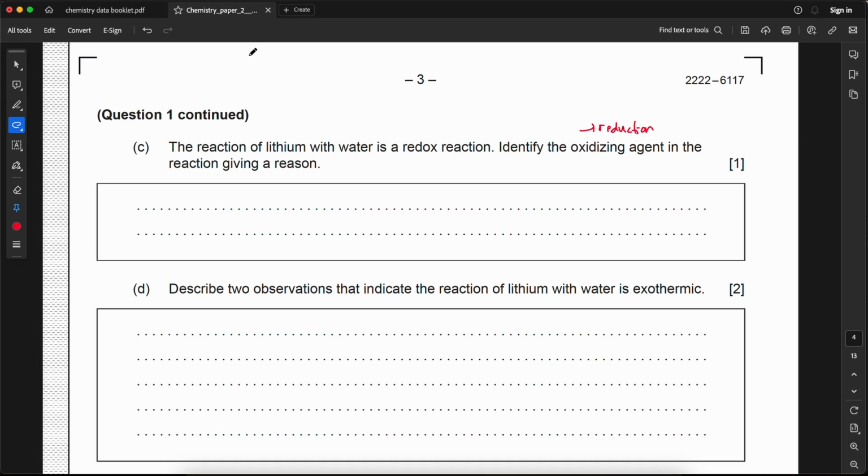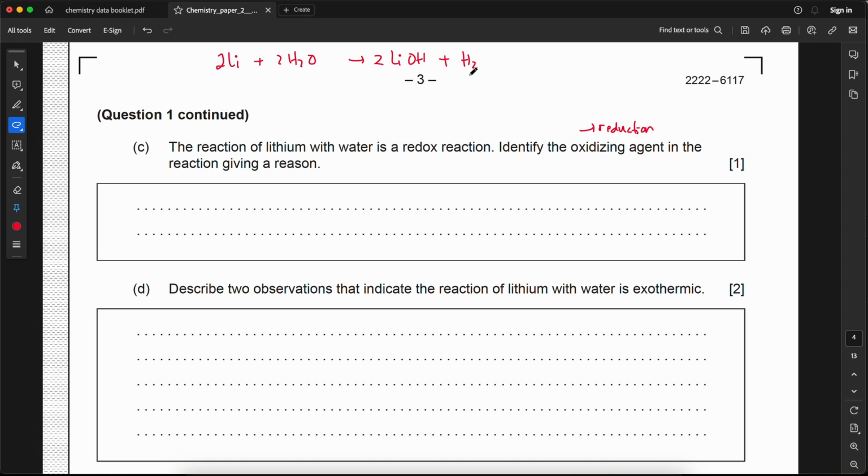So we need to calculate what happened with the oxidation state, which one will increase and which one will be reduced. So the reaction is 2Li plus 2H2O produce 2LiOH plus H2.